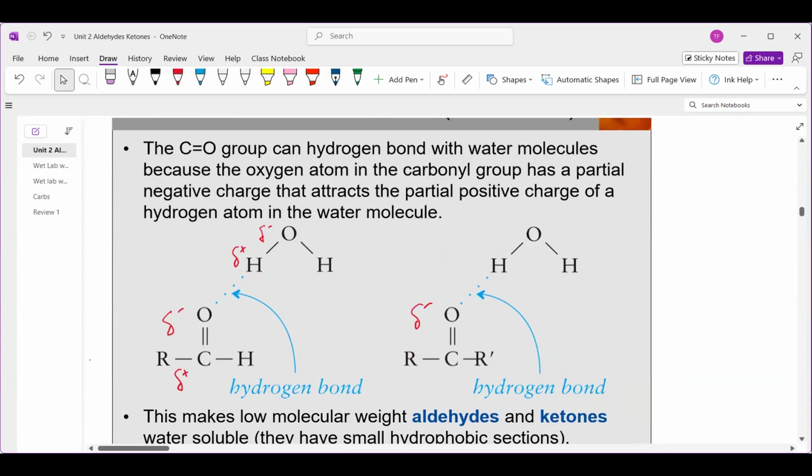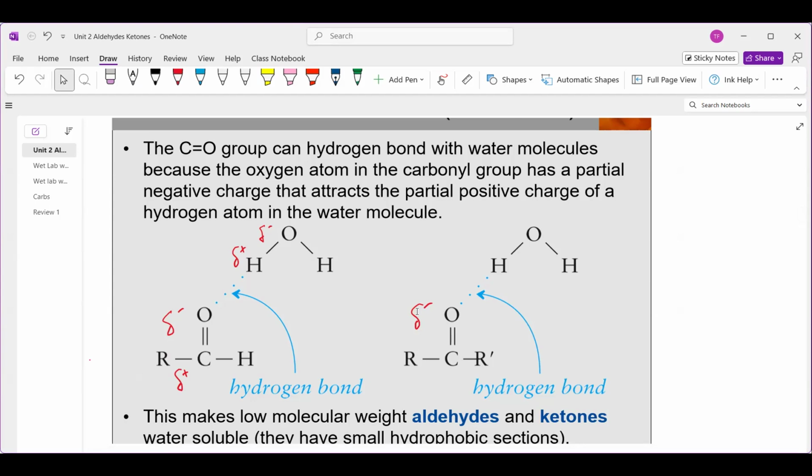Okay, because C double bond O has got a dipole in it. In polarity, it can bond pretty well with water. So frequently, aldehydes and ketones will be liquid, dissolved in water, particularly the aldehydes.